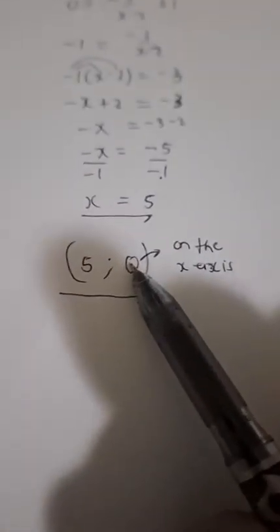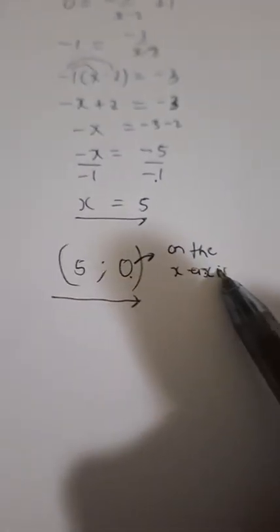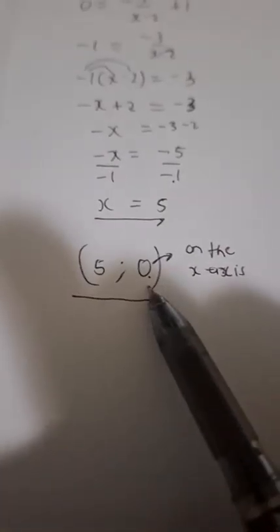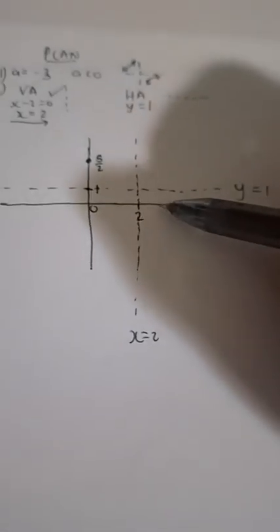When y is 0, it means on the x-axis. So this (5, 0), where x is equal to 5 and y is equal to 0, meaning on the x-axis, is located, remember, this is 2, 3, 4, 5. So 5 is expected to be located somewhere here.